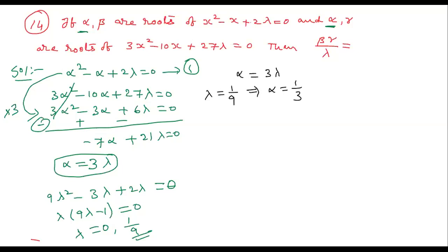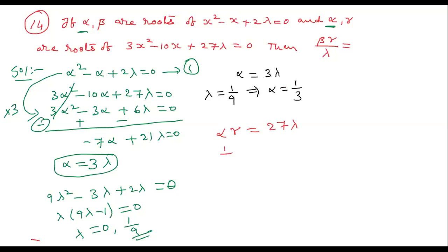Now we need to find the gamma value. How to find the gamma value? Observe the second equation, the product of the roots, alpha into gamma, is equal to 27 lambda.